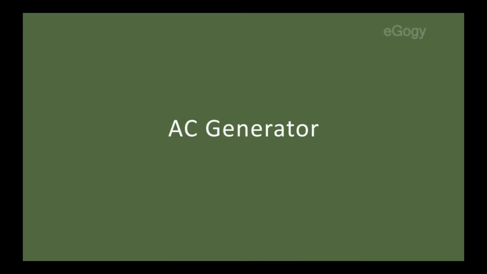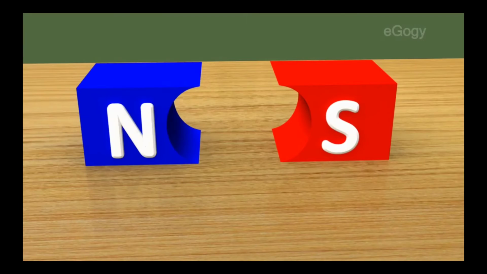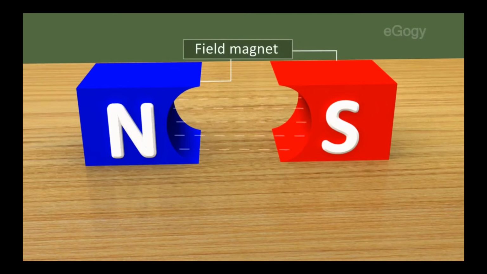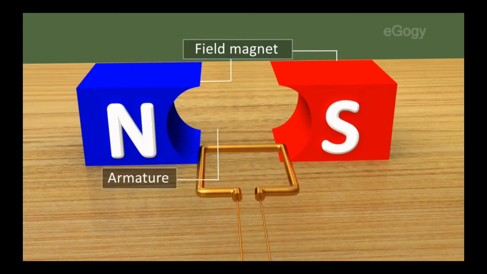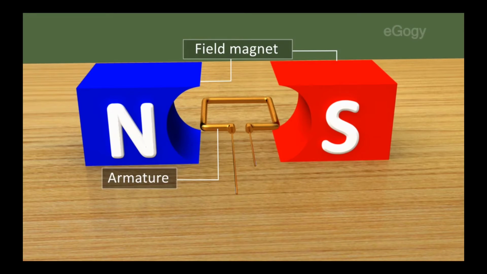AC generator. The magnet which produces magnetic flux in generator is called field magnet. The direction of flux lines is from north pole of the field magnet to south pole. An armature is a coil at which insulated conducting wire is wound over a laminated soft iron core.